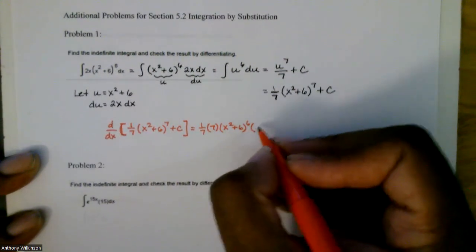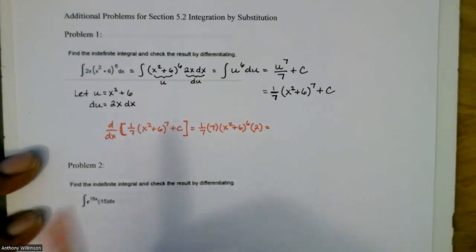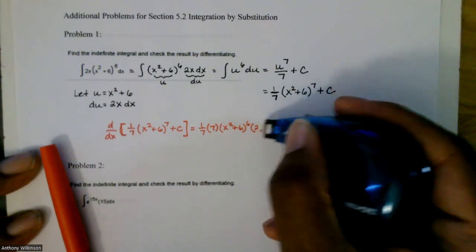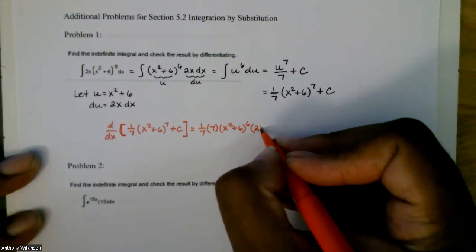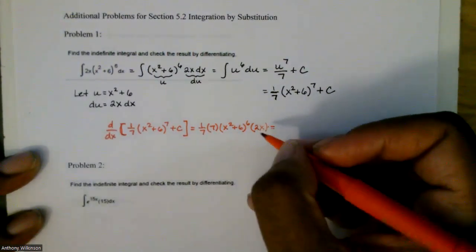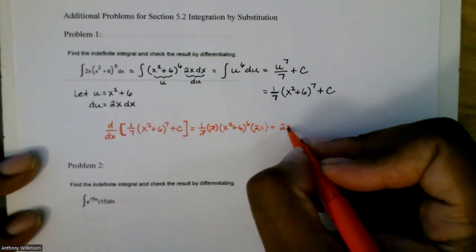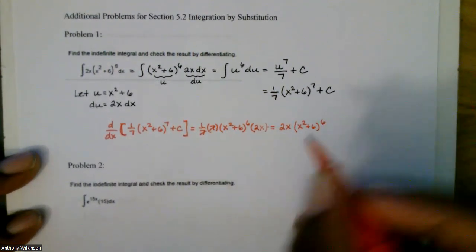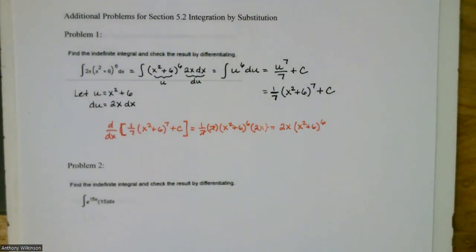The derivative of x squared plus 6 will just be 2. Actually, it'll be 2x, not just 2. The derivative of x squared is 2x. So that means here, the 7s divide out, and you'll be left with, I'm going to pull the 2x in front, times x squared plus 6 raised to the 6th, which is exactly what I have here. So that means I've integrated that problem correctly.